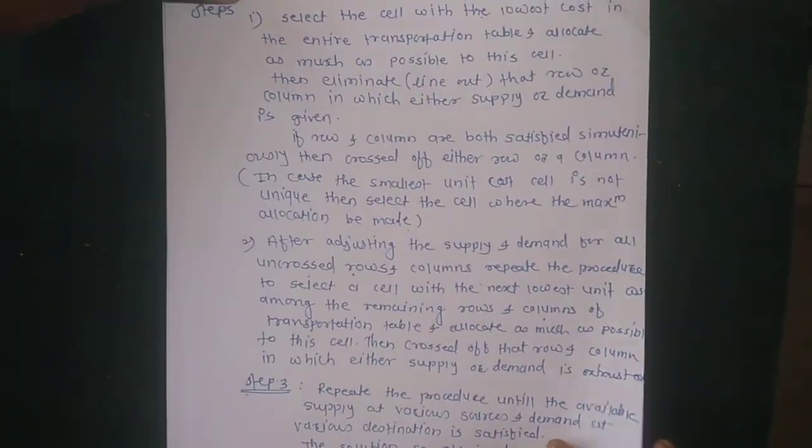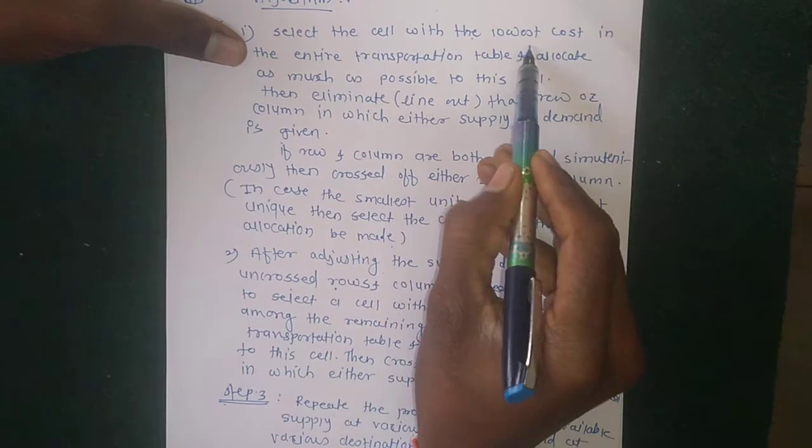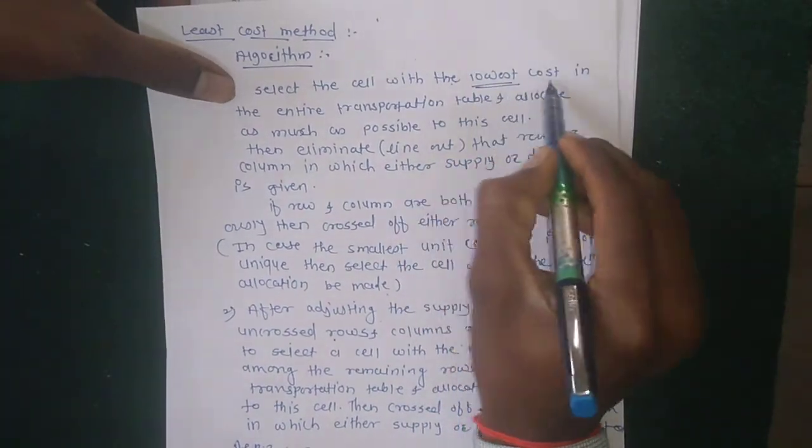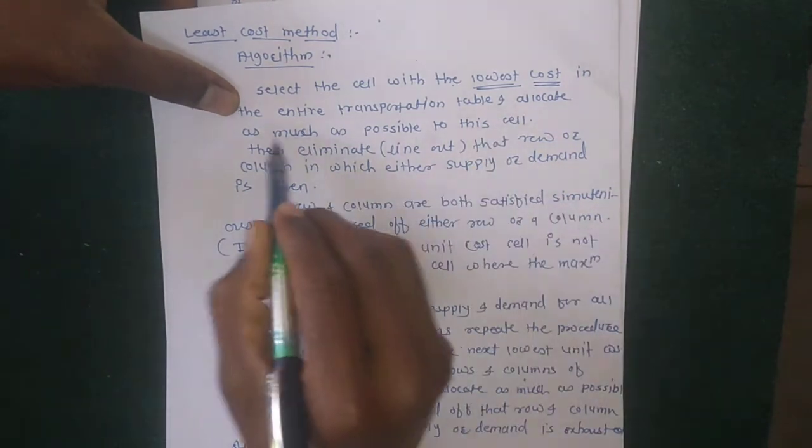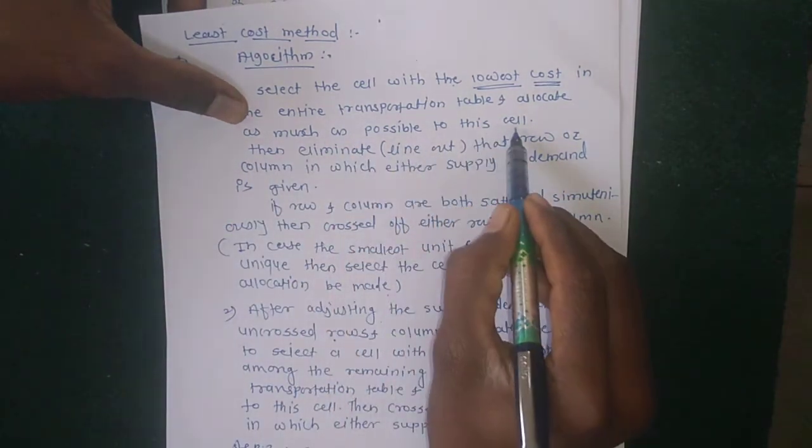So the algorithm is: select the cell with the lowest cost in the entire transportation table and allocate as much as possible to this cell.